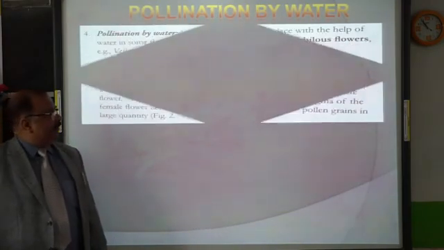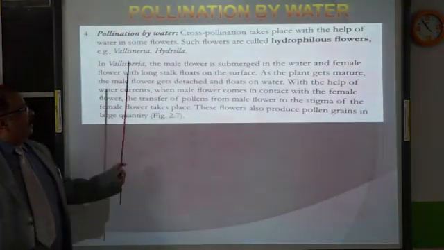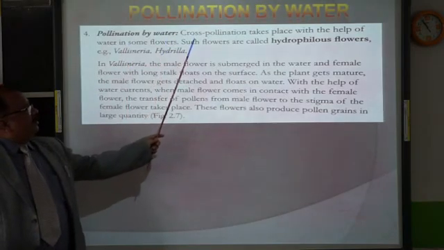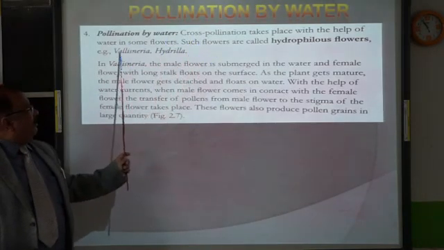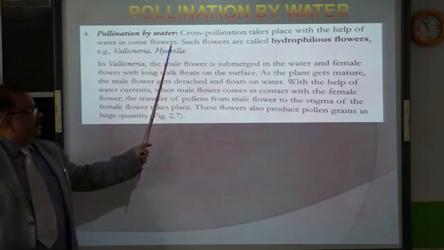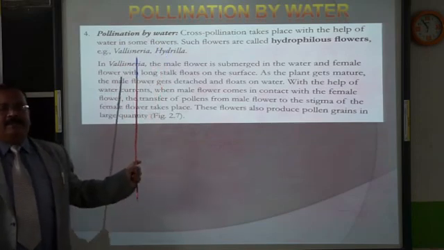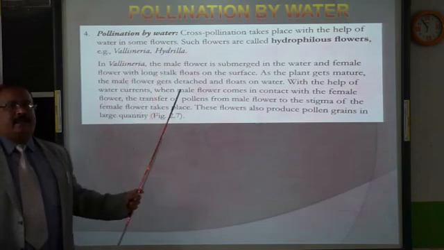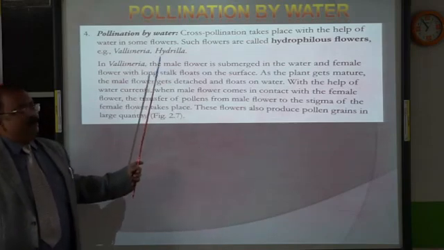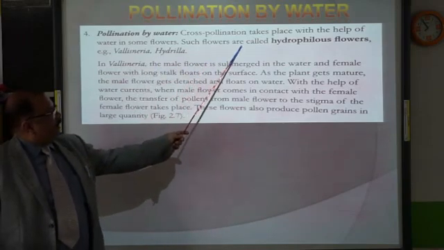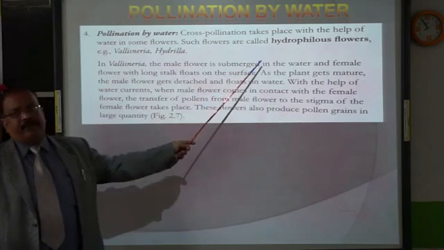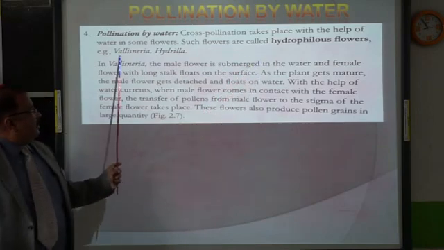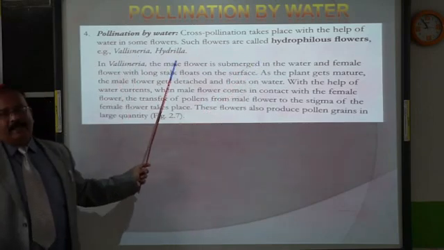They are the best examples for this type of pollination. Cross-pollination takes place with the help of water in some flowers. Before this, it was the wind which was carrying the pollen. Now it is the water which is carrying the pollens. This type of flowers are called hydrophilous flowers. Example, Vallisneria and Hydrilla.